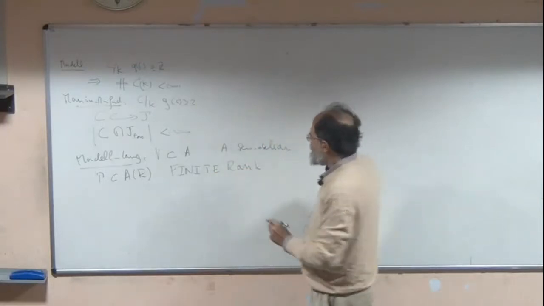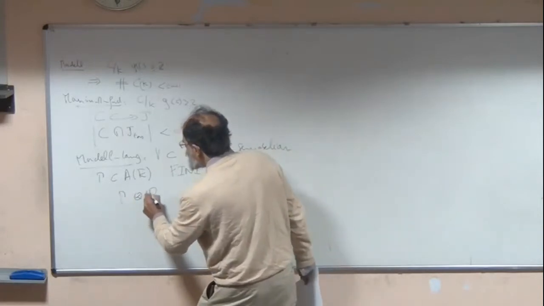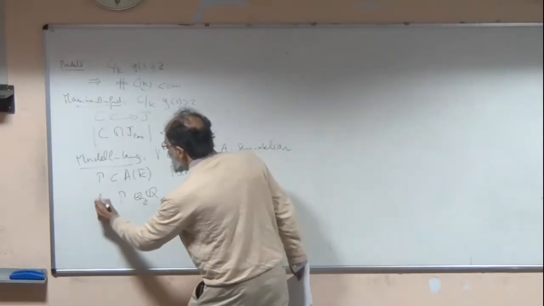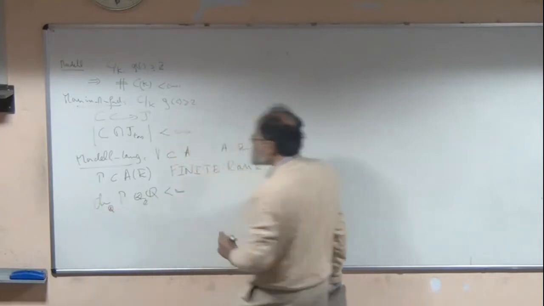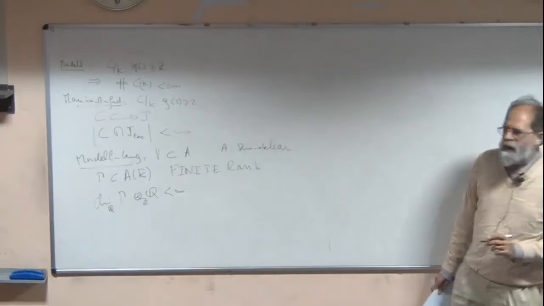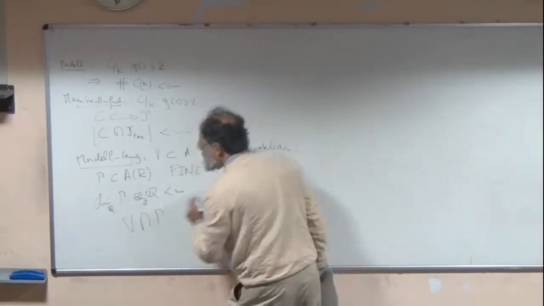So this means that gamma tensor Q has a dimension over Q which is finite. And you look at V intersected with gamma.